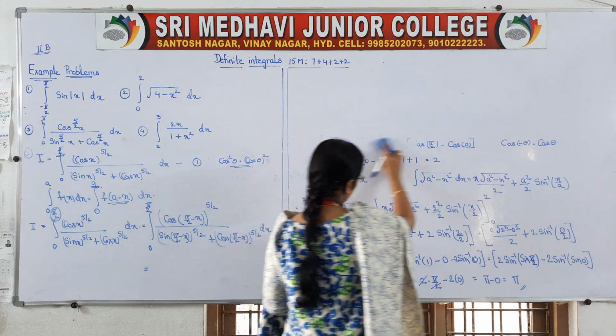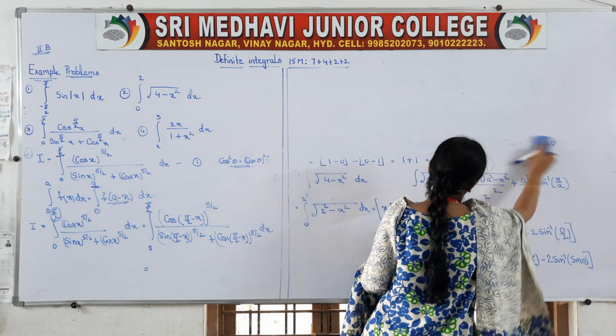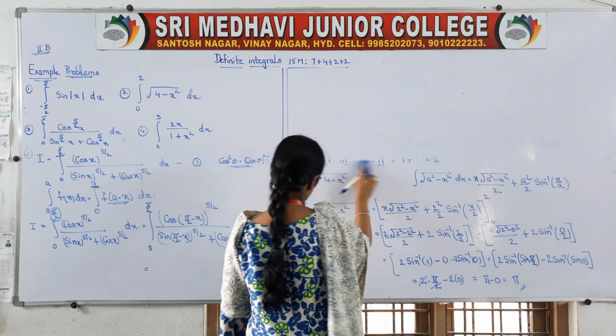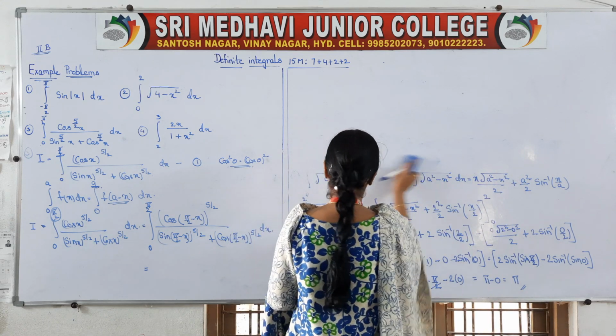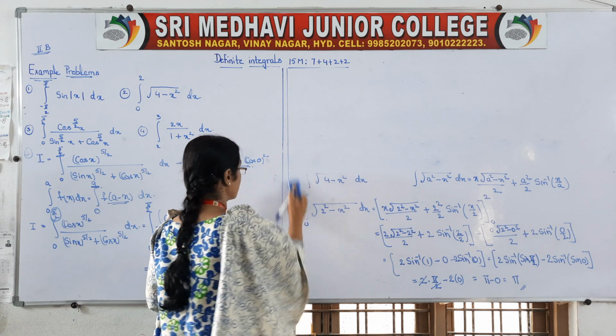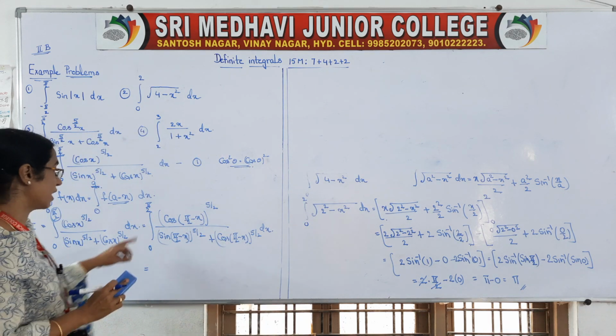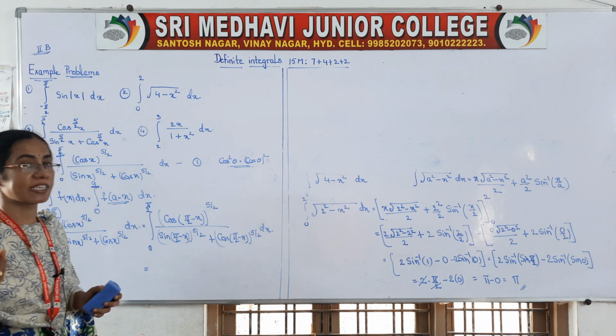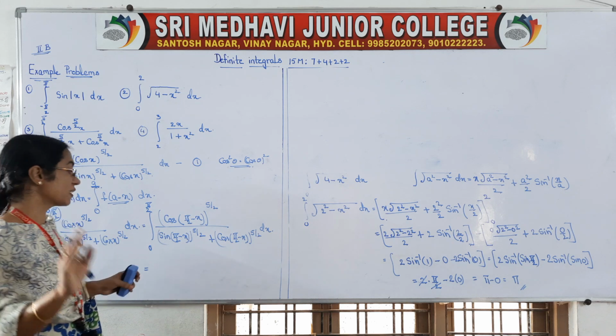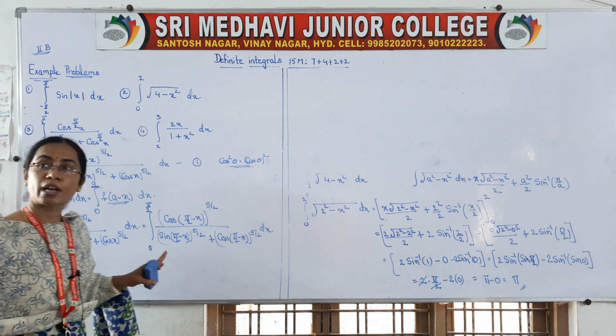Whenever the angle is in the first quadrant, all ratios will be positive. And for 90 minus or 90 plus, the ratio changes: cos changes to sine, sine changes to cos.